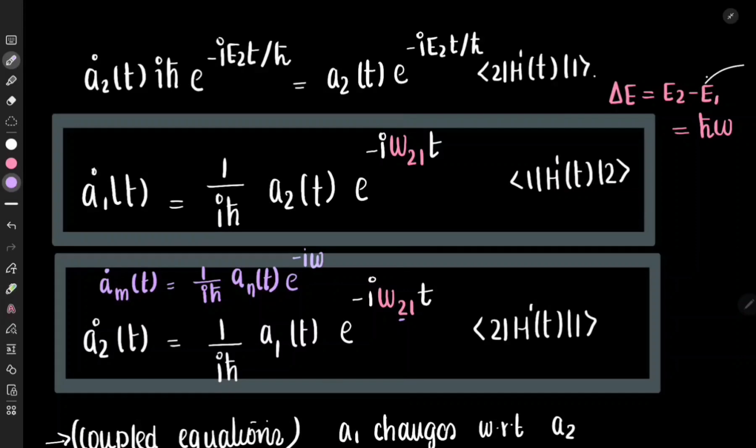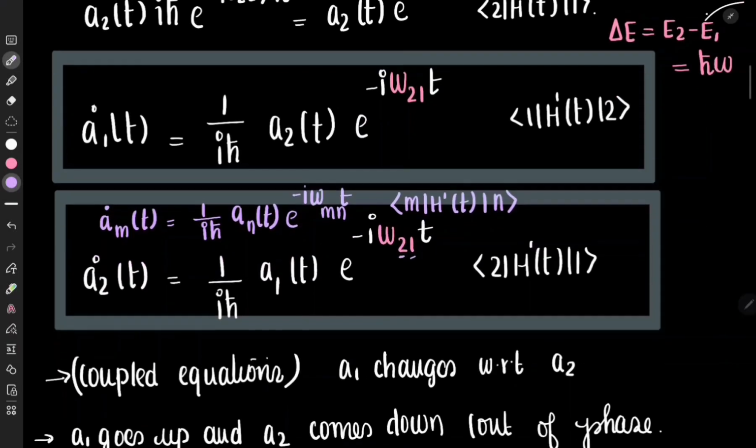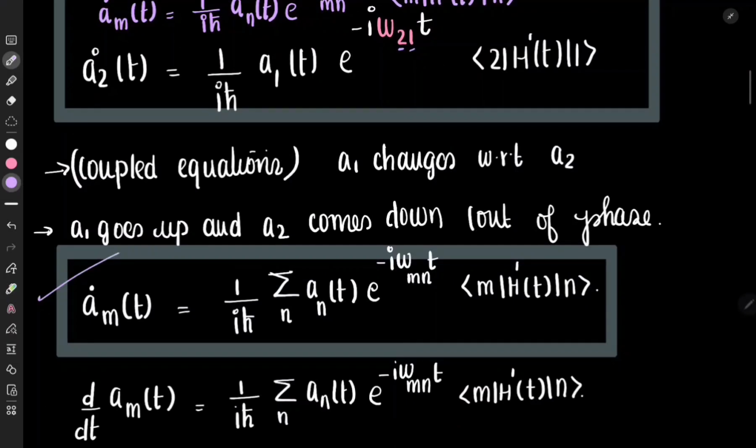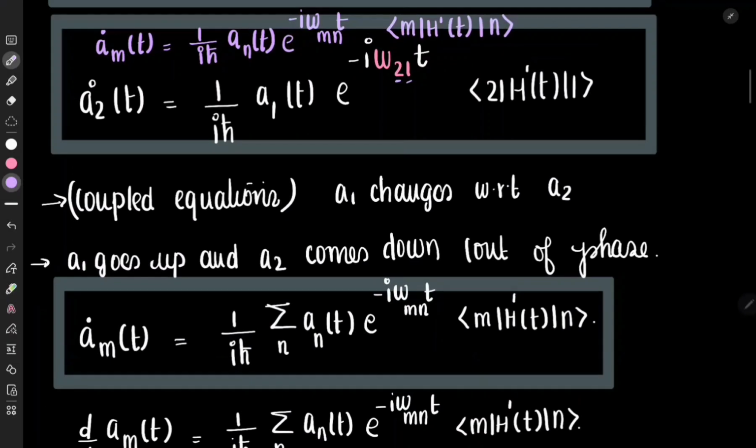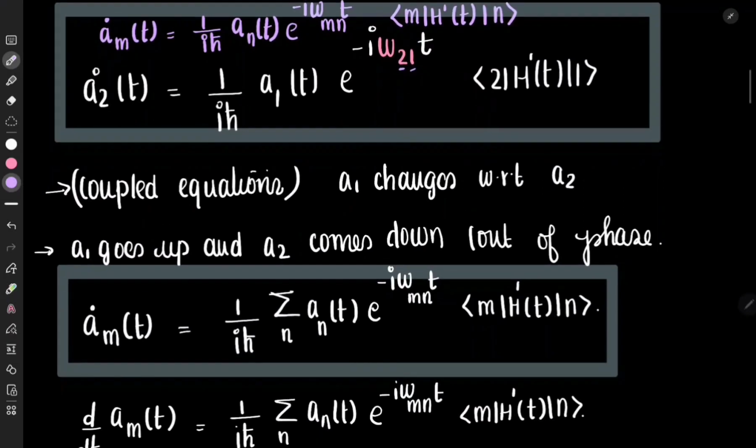Instead of 2 we wrote m, and instead of 1 we wrote n. So I can write it as bra m H dash of t ket n, and you get it like this. So this is the general formula. I just rewrote it.